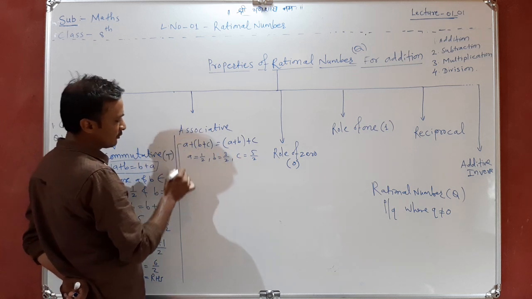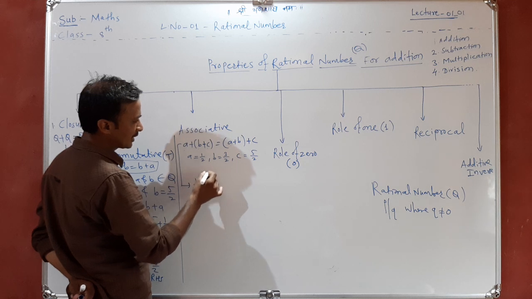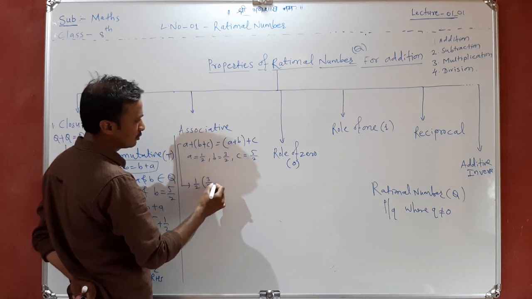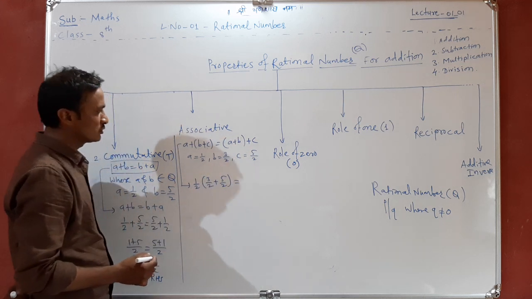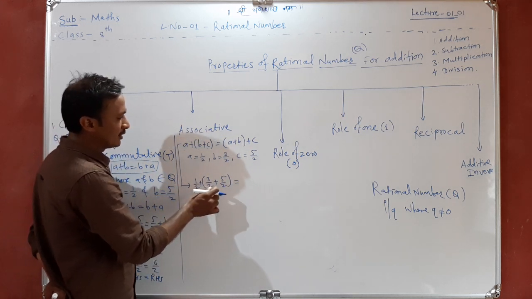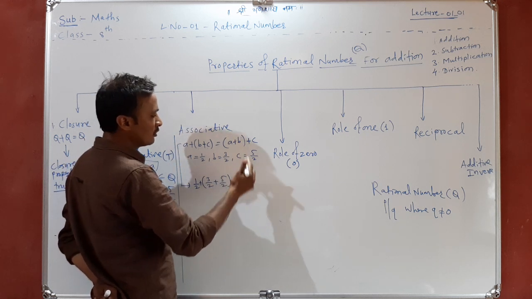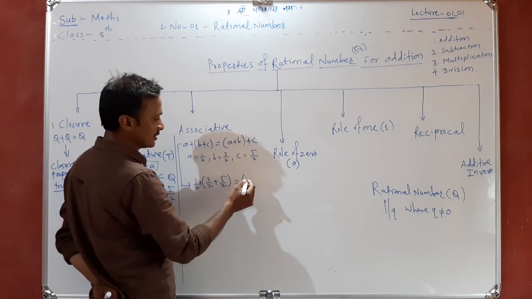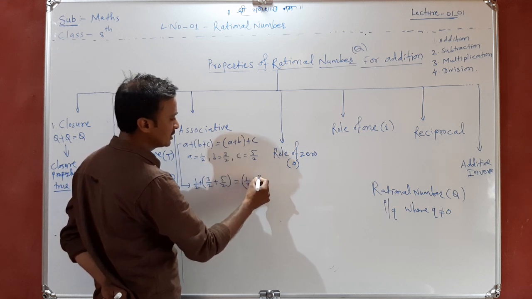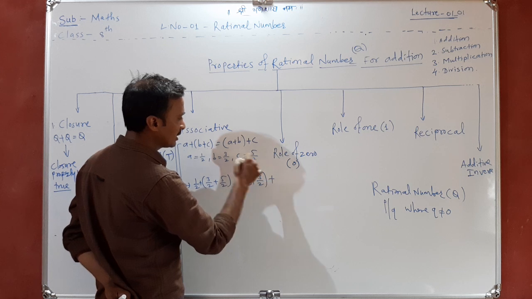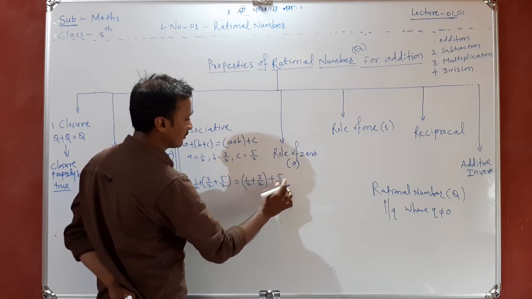From that equation, we write 1/2 + (3/2 + 5/2). On the LHS, first we add 3/2 with 5/2. Now what changes on the RHS? First 1/2 plus the value of b, 3/2, and after that the sum of this bracket gets added with 5/2.